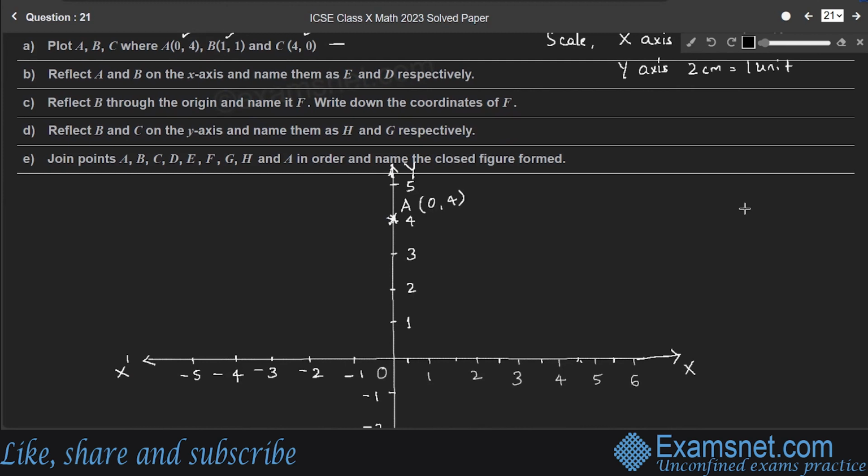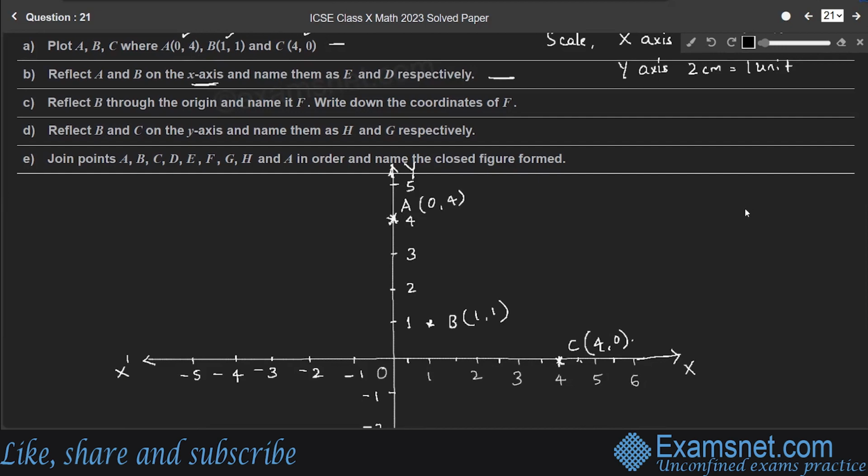Point B has coordinates 1 and 1. So point B is in the first quadrant. And C has coordinates 4 and 0, so its x coordinate is 4, y coordinate is 0. Therefore, C is on the x-axis, whose coordinates are 4 and 0. So the next question is, reflect A and B on the x-axis.